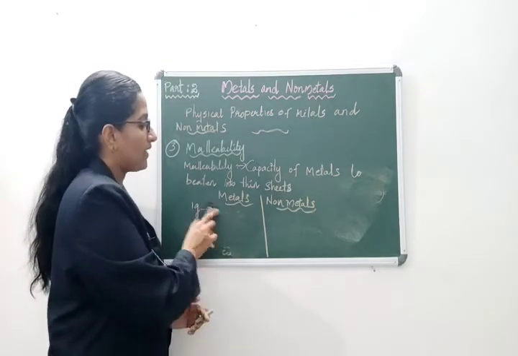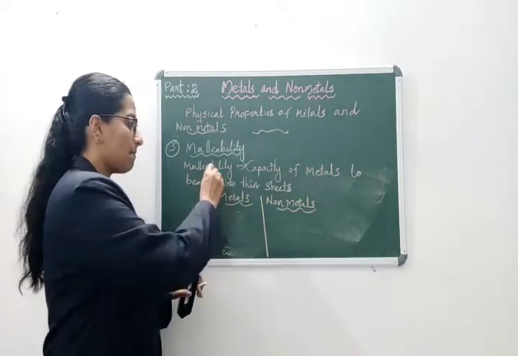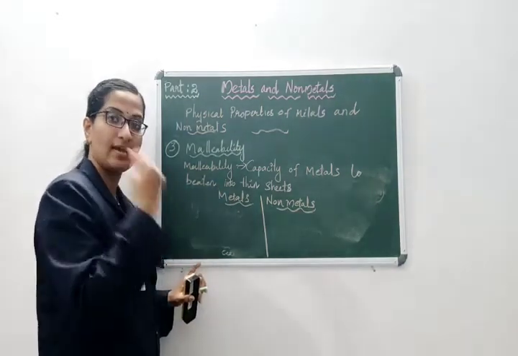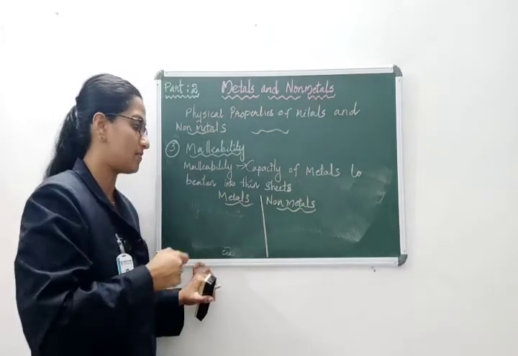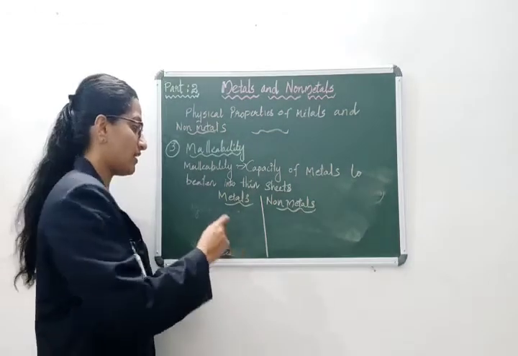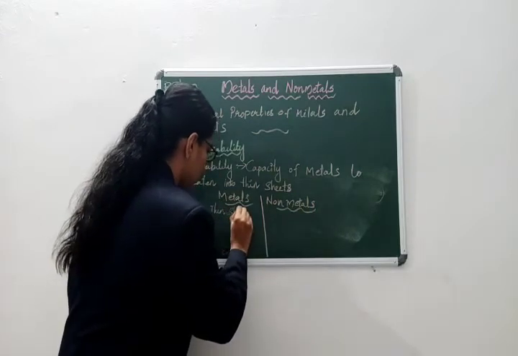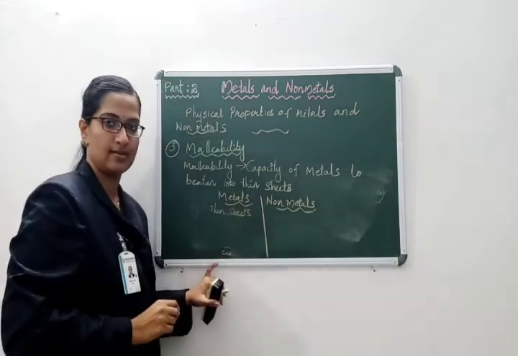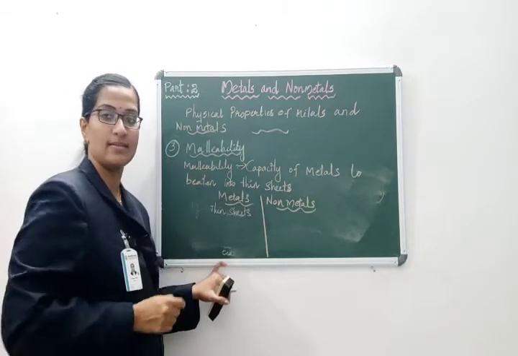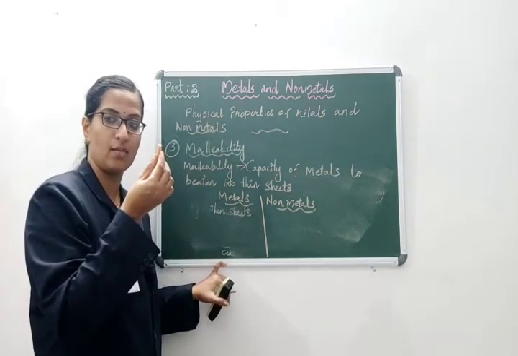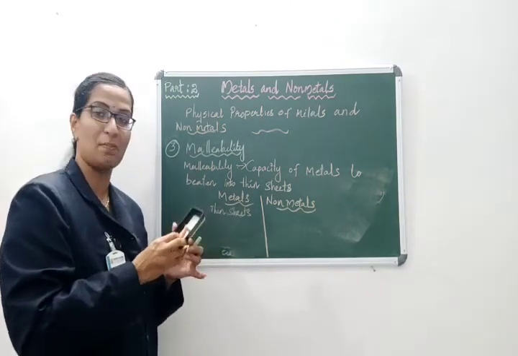In the case of metals, you can generally say that most of the metals are malleable, because once you beat them with a hammer or whatever materials, they will be beaten into thin sheets. So most of the metals are malleable. And what about non-metals like a chalk piece, the duster or the plastic?